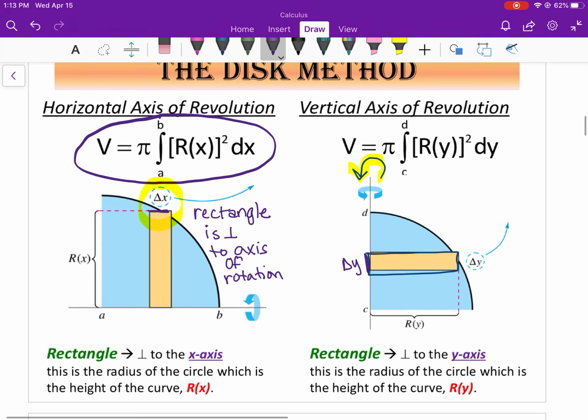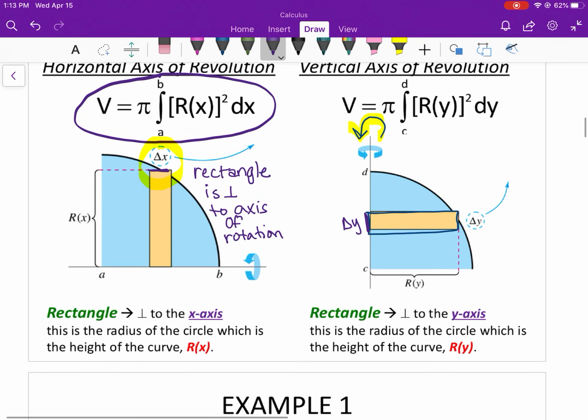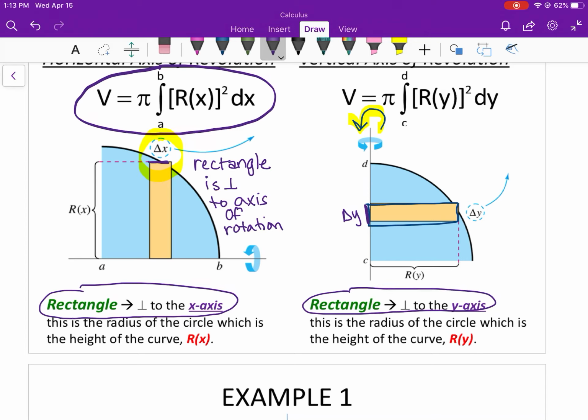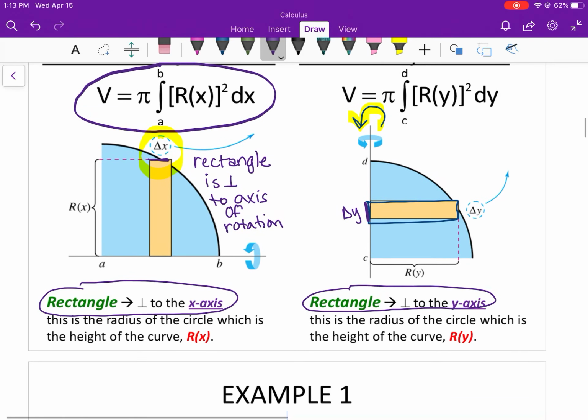So keep in mind that your rectangles are always going to be perpendicular to your axis of rotation. Now this says in particular x or y axis. Your axis of rotation is not always going to be the x or the y axis. We're going to get into those in the second part of these notes. But for this first part, we're going to just stick with the x or the y axis.